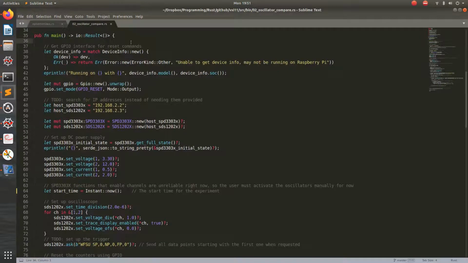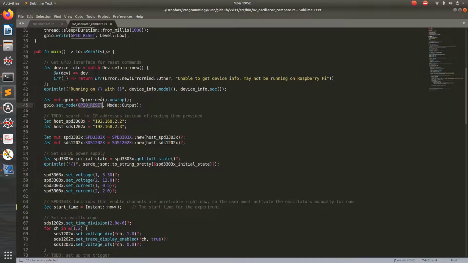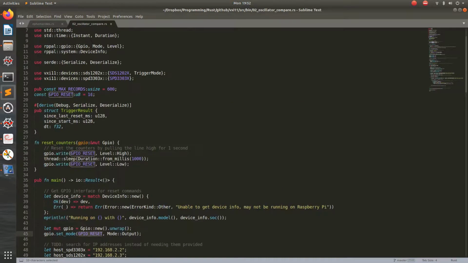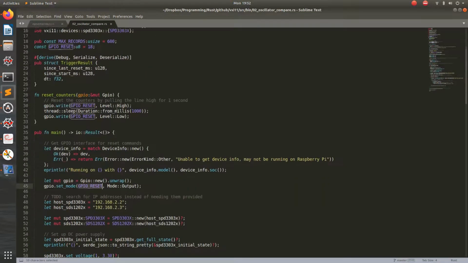This is the actual main function here. We start off by checking to make sure we're on a Raspberry Pi, that we can interface with the system on the chip and the GPIO pins. And then below that we get an actual interface to the GPIO pins, and we're interacting with a pin that we defined using this constant up here.